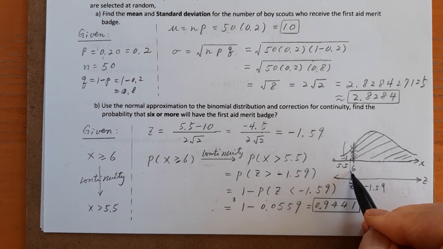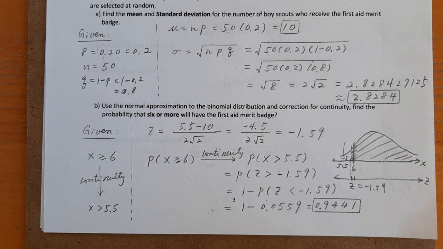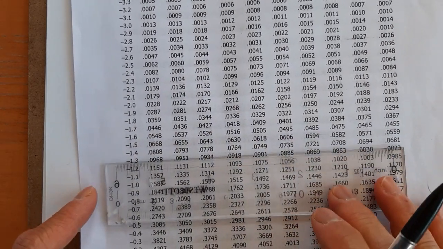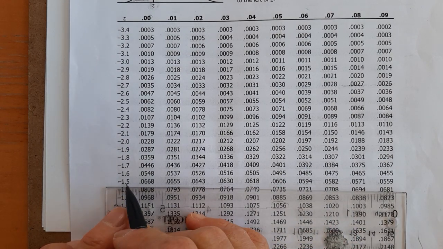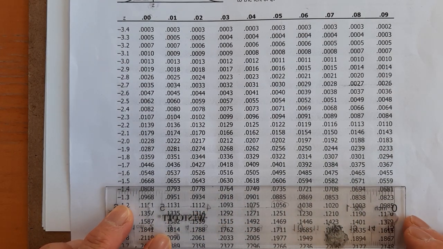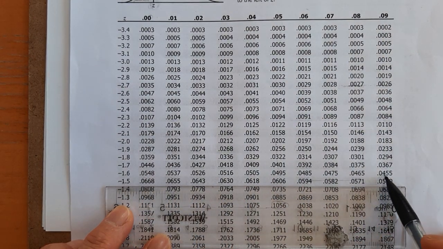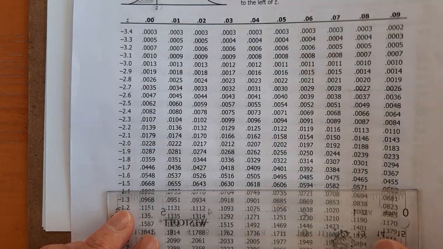Using the table, negative 1.5, and 9 is here, so for negative 1.59 the area is 0.0559.